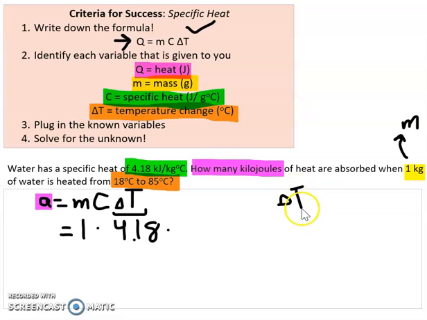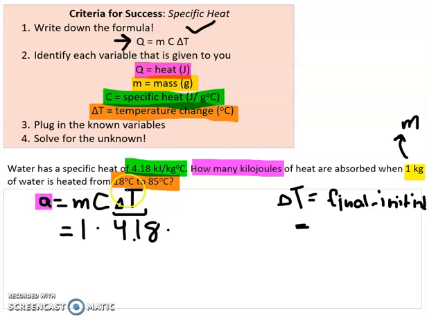Delta T is going to equal to my final minus initial. So my final temperature minus my initial temperature. This is really hard to write. Okay. So my final temperature is this right here.